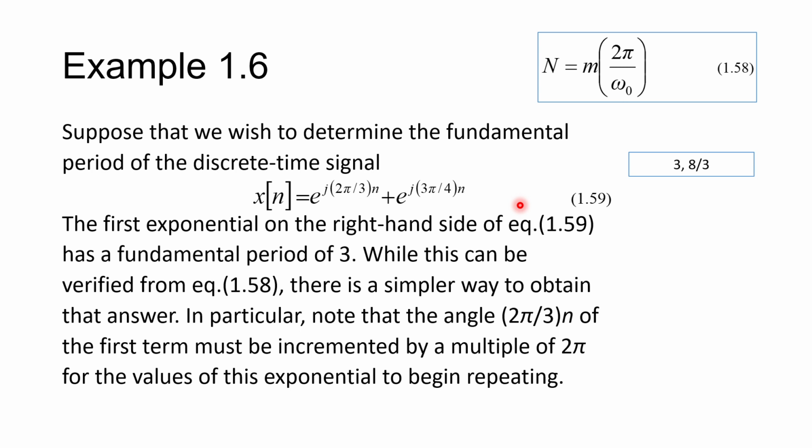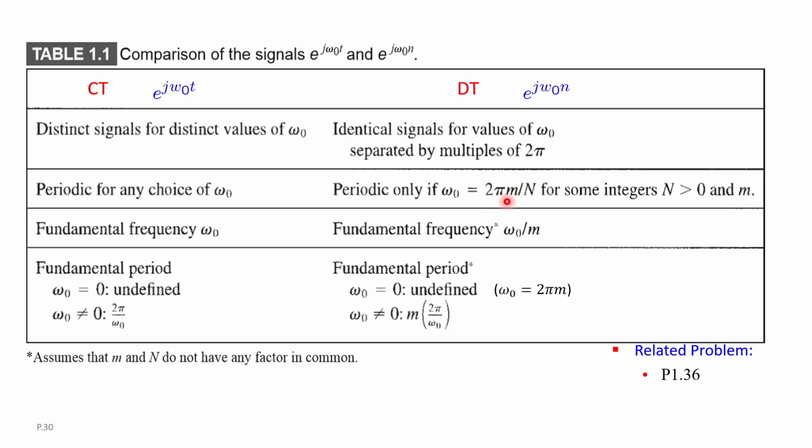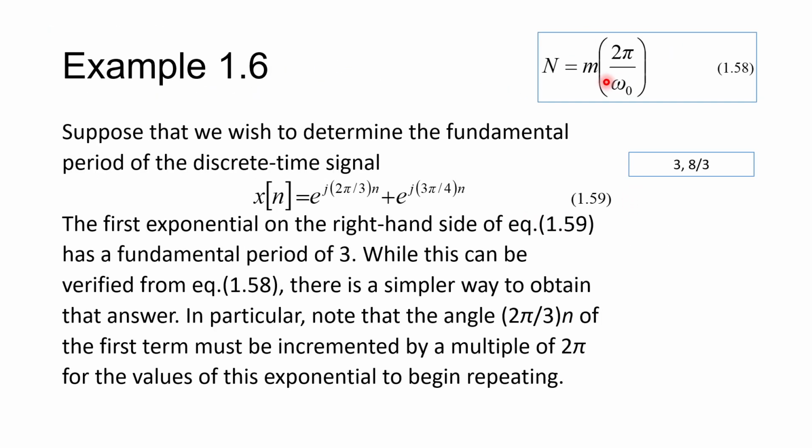So the equation we are going to use is this. Your fundamental period is similar to what we wrote here, right? We got this earlier too. Equation 1.58 says that your fundamental period is 2 pi divided by omega 0 times some integer m.